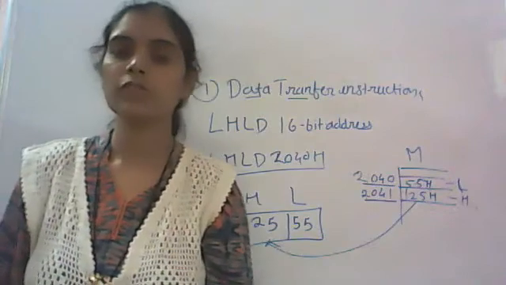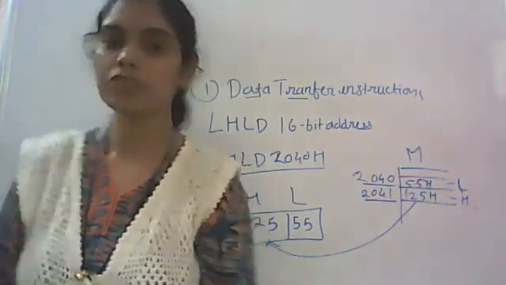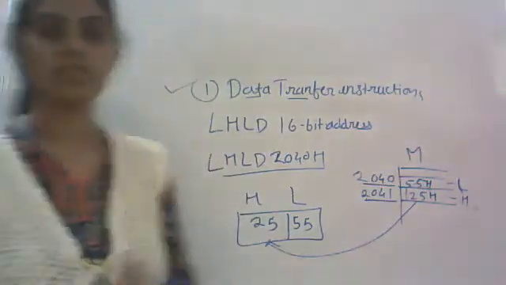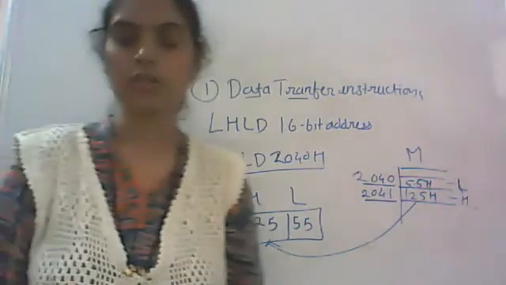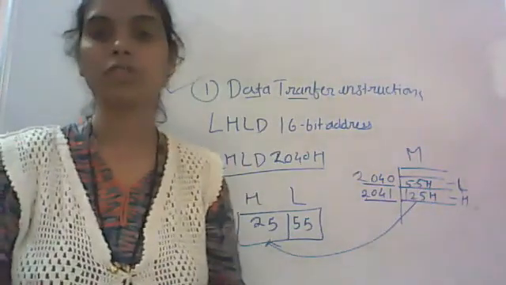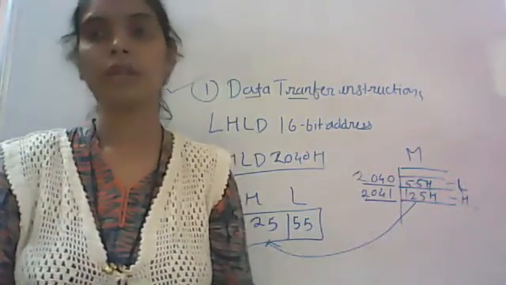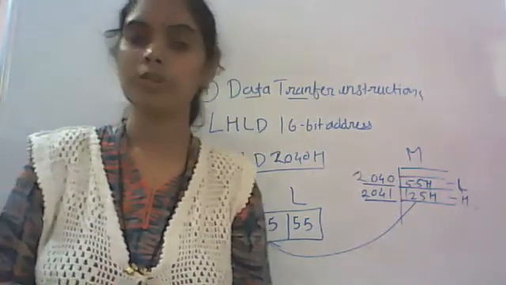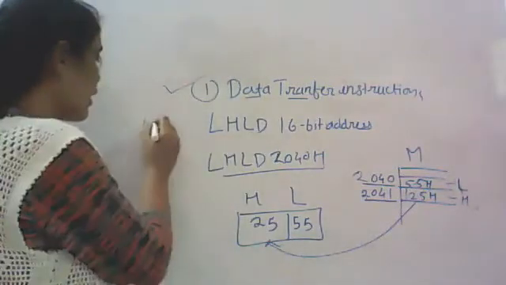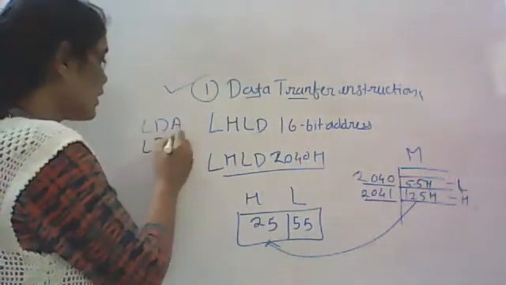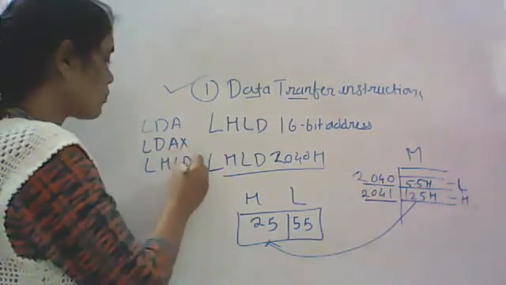Okay. So in this lecture, we see some data transfer instruction, that is a move instruction, move register to register, register to memory, and memory to register. Then MVI instruction, move data immediately to the register or memory. Then LDA instruction, LDAX, LHLD.